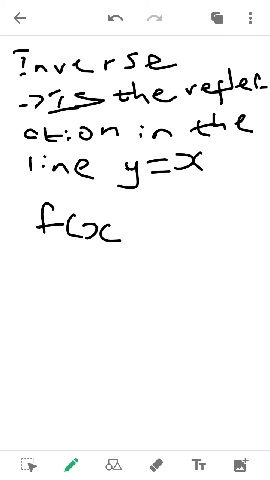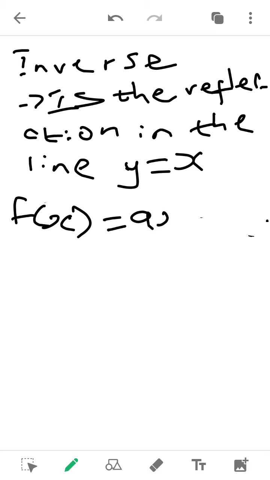A function is written in the form of f of x equals ax plus c.